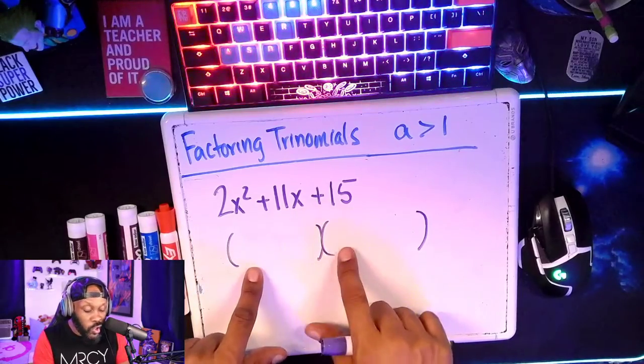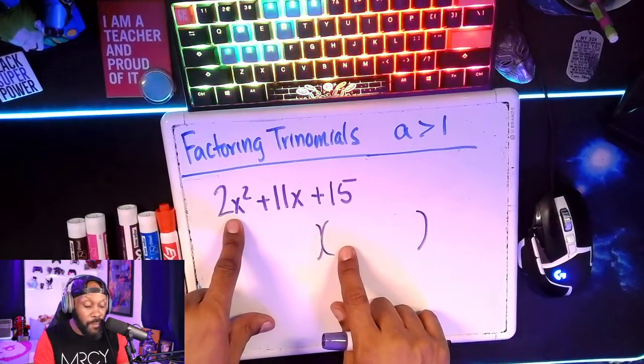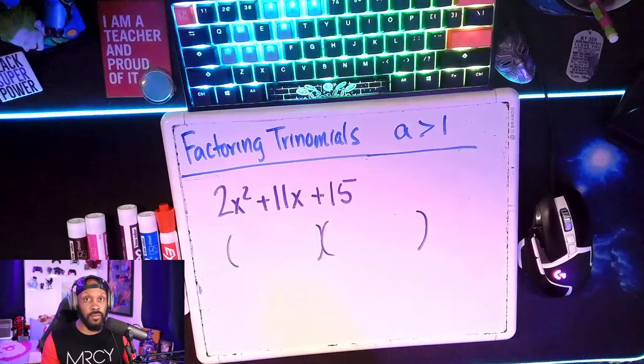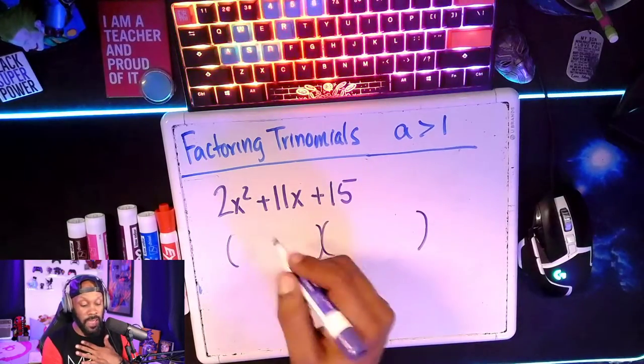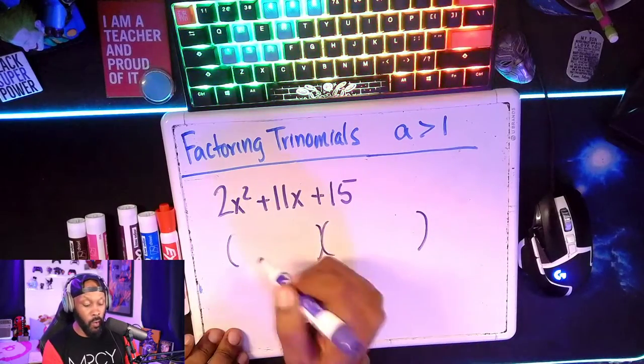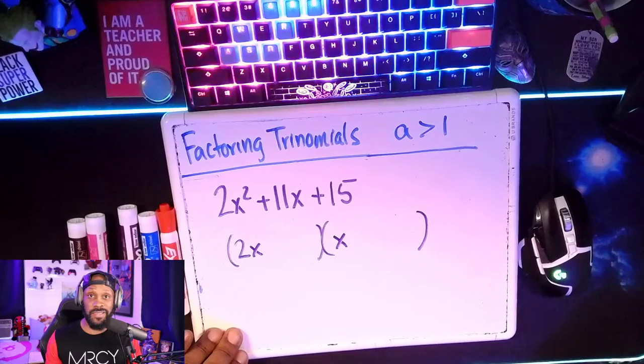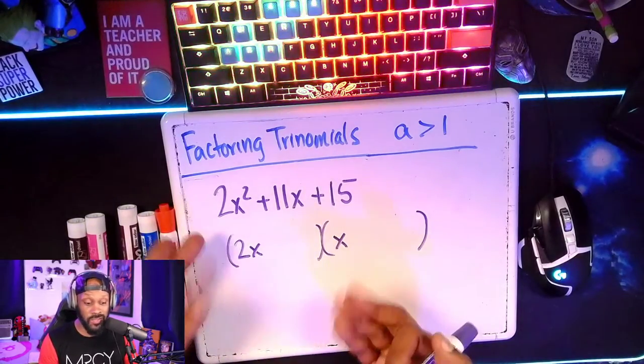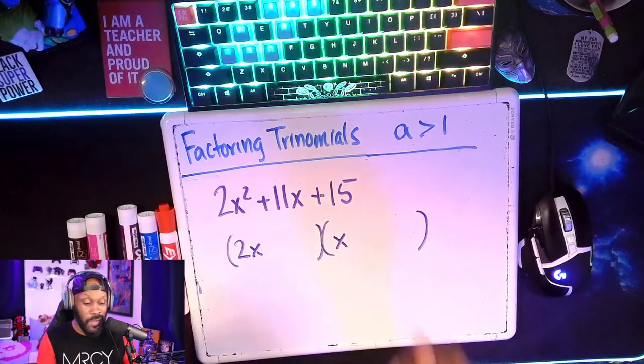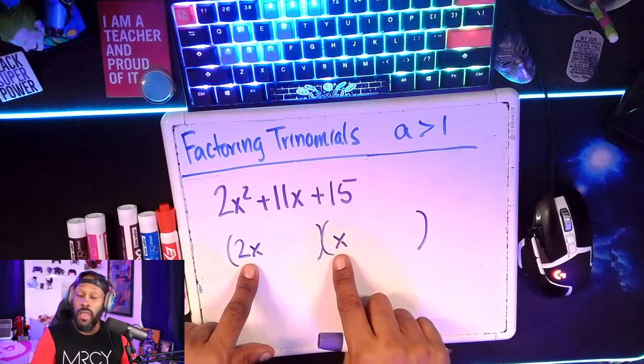What 2 terms could I put here that could make 2x squared? Well, I know that x times x will give me x squared, so that means one of these has to be a 2x and the other has to be an x. These are the factors for 2x squared that can work. So this has to be in this place. Okay.